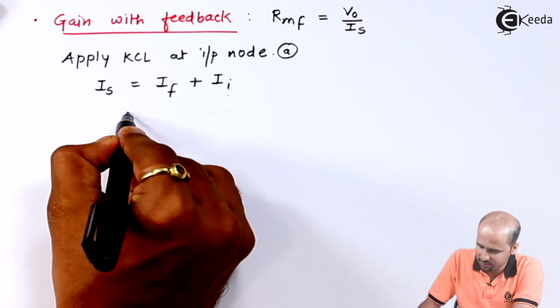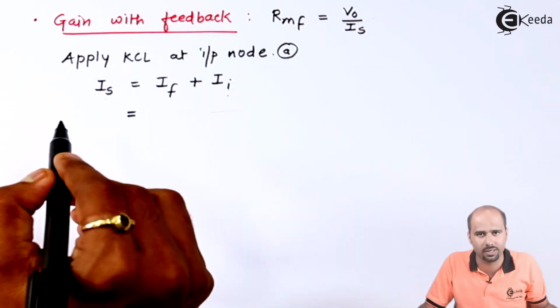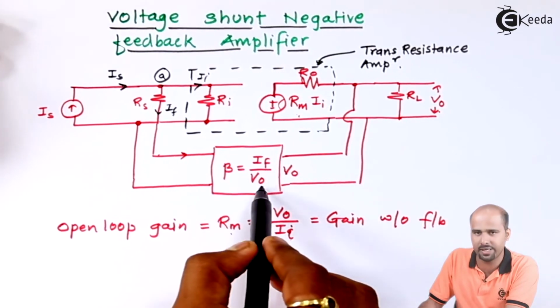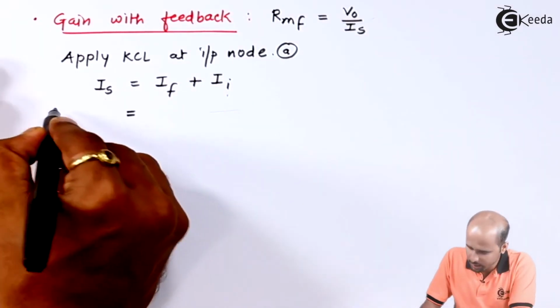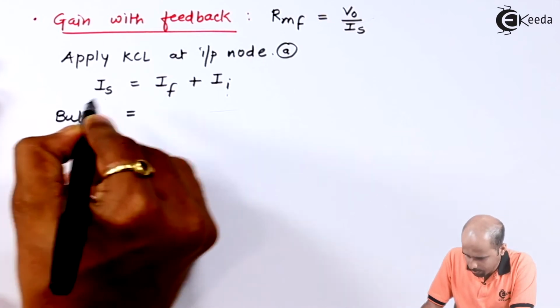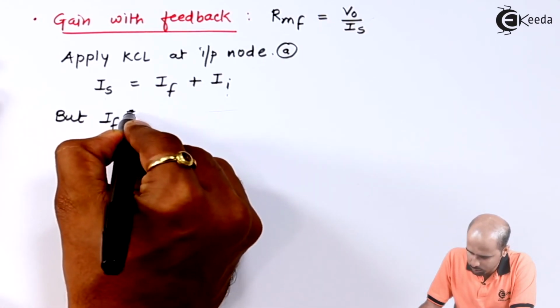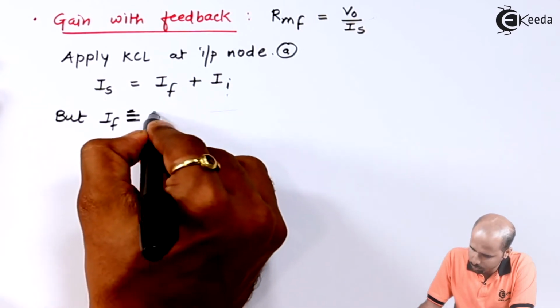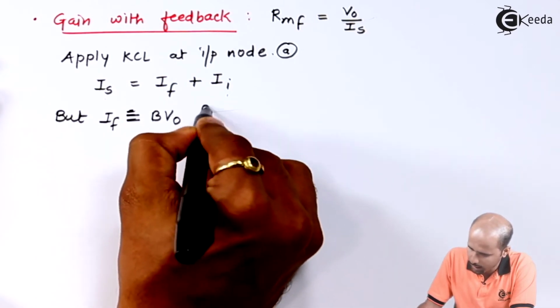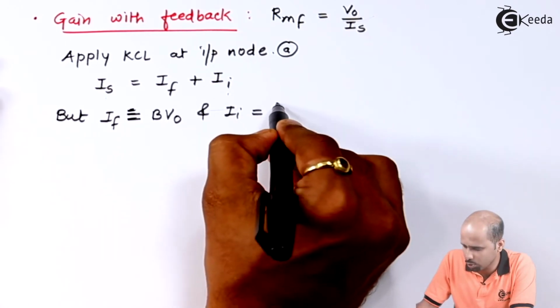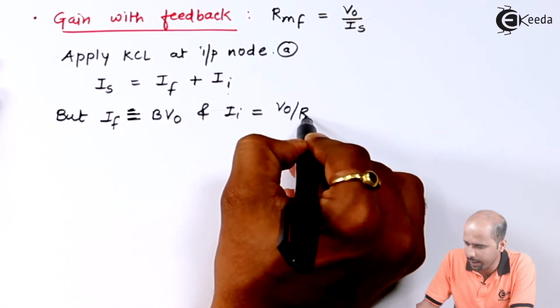I know the value of IF from the feedback. So from feedback we'll get to know what IF is. IF is equal to B into VO, and II is nothing but VO divided by RM.